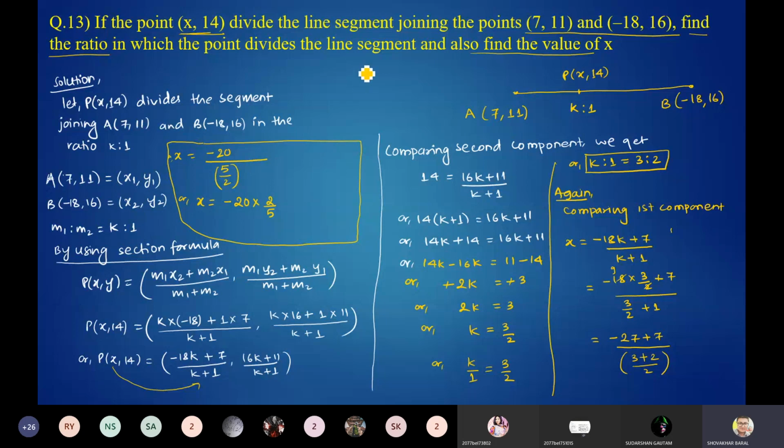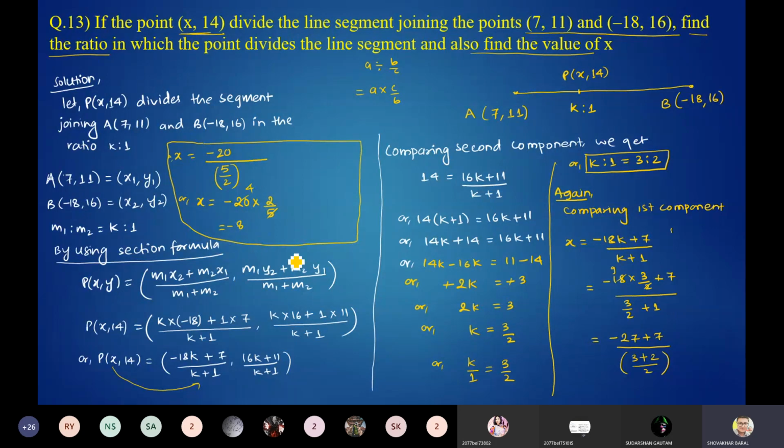You know that a divided by (b upon c) can be written as a into c by b. Here also we did the same: minus 20 divided by 5 by 2. So minus 20 times 2 by 5, 5 fours are 20, so it equals minus 8.